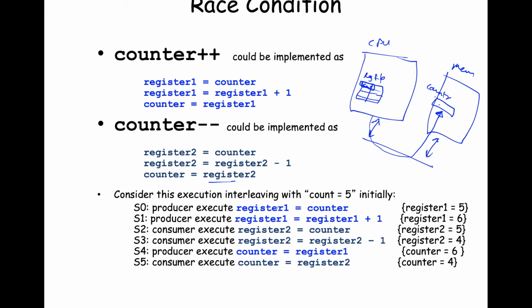Now we're back to thread 1 for the producer. It says, okay, well, now let me take the contents of register 1 and put it into memory at the location called counter. So then all of a sudden, another context switch happens again. The consumer finishes its execution, and it completes by storing the contents of register 2 from the register file into the variable counter in memory. So now all of a sudden, counter has a value of 4.